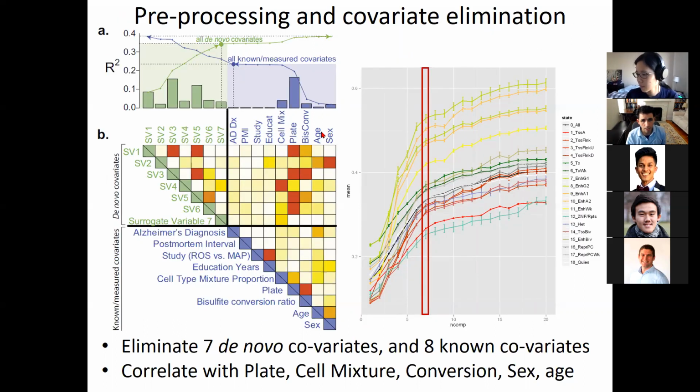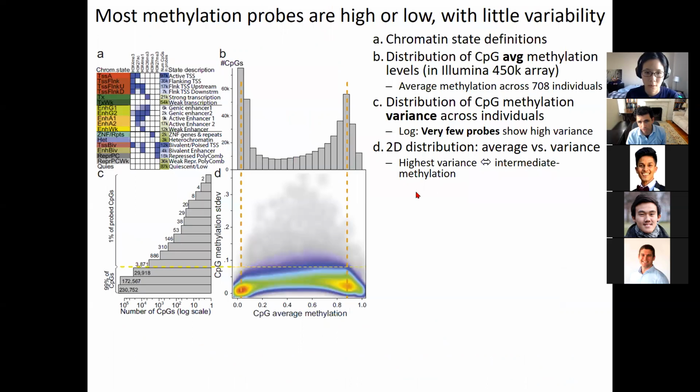So you can now start asking, after removing these covariates, how are different chromatin states related to the DNA methylation pattern? And what you can see is what is the average methylation level of different probes. And if you look at DNA methylation, it's basically a bimodal distribution.